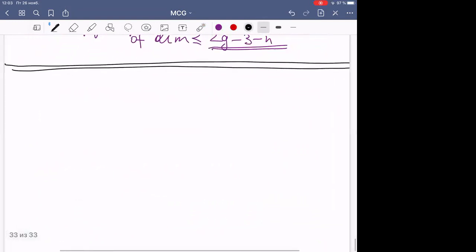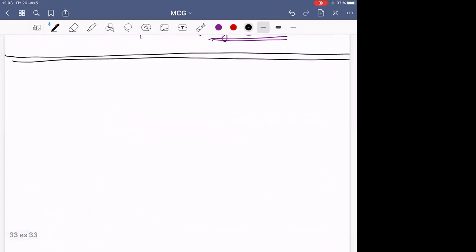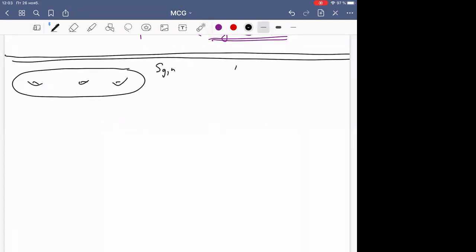So if we have a surface of genus g with n punctures, where n is greater or equal than 1, so at least one puncture, then we can consider the curve complex, and inside this curve complex we can find such a subcomplex, C hat.